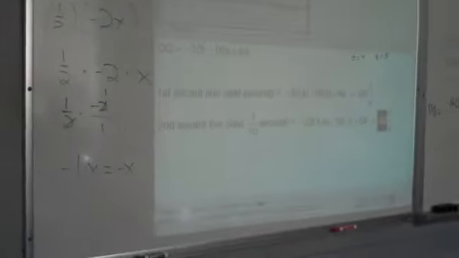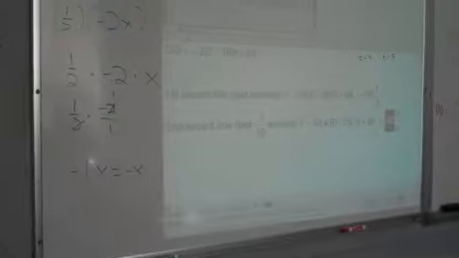So what's that going to be? They're decimals. Negative 32 times 4.9, minus 16 times 0.1, plus 64.